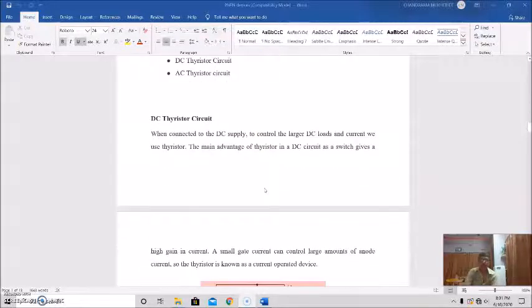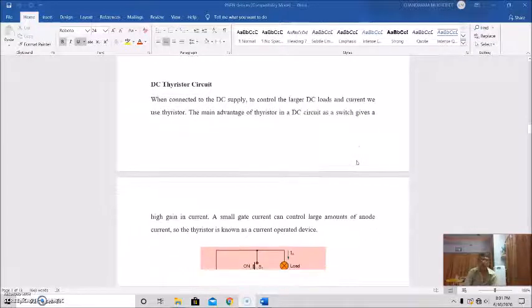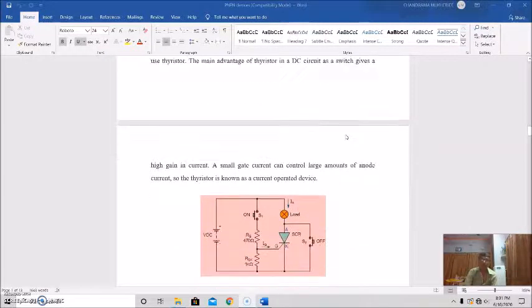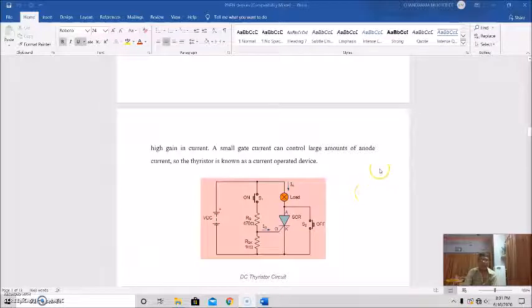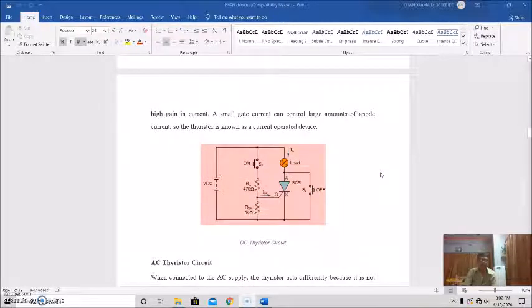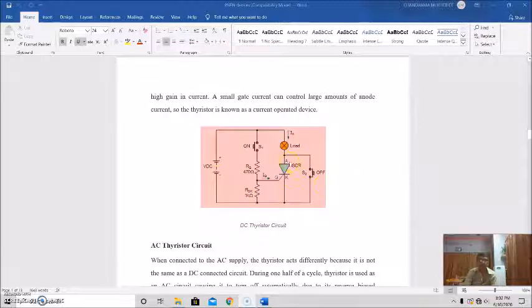In the DC thyristor circuit, connected to a DC supply to control larger DC loads and current, we use a thyristor. The main advantage of a thyristor in a DC circuit is that the switch gives a high gain in the current. A small gate current can control a large amount of current, so the thyristor is known as a current operated device. Here it is shown.